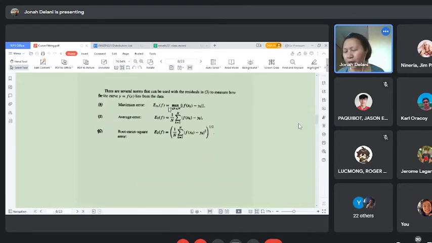Kaning root mean square error, this is that error that is usually used in statistics. So here in the curve fitting that we use, we will use the root mean square error. Of course, katong error nga gamay, mao na itong sundon.